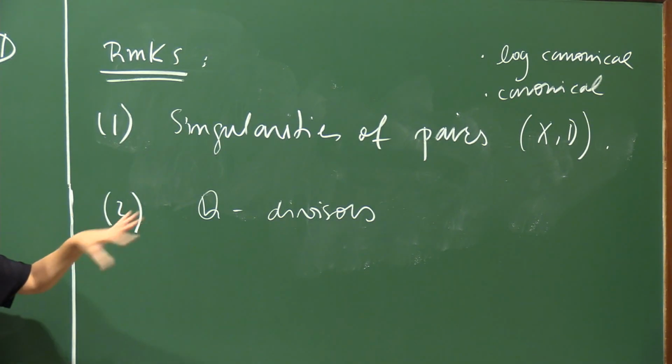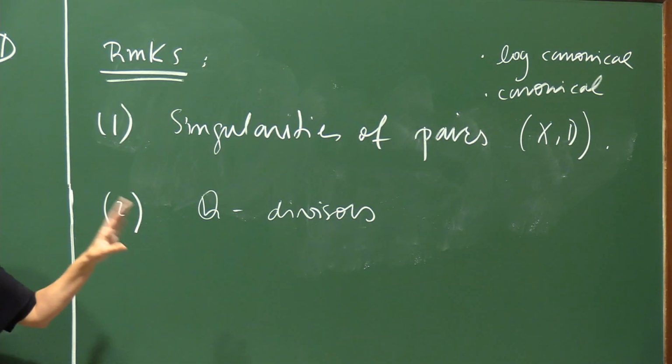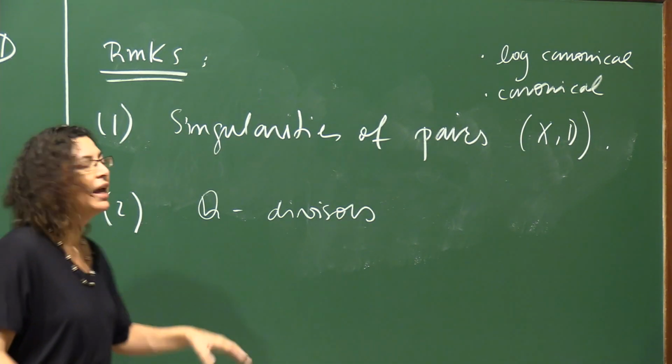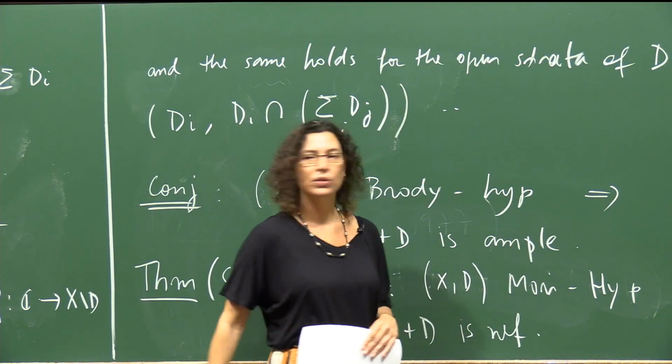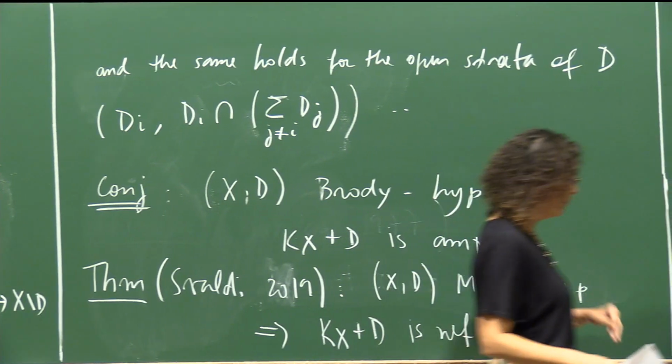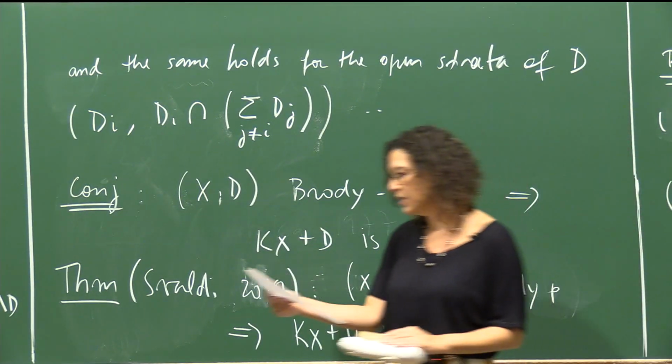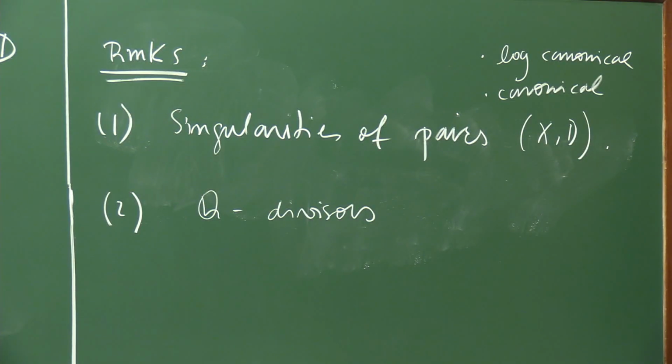And again, this is absolutely crucial in applications to the minimal model program. And again, these notions can also be extended to this more general setting. But for the sake of this talk, I think we can stick to the simplest situation. Okay, so maybe it's a good time to ask if there are some questions.